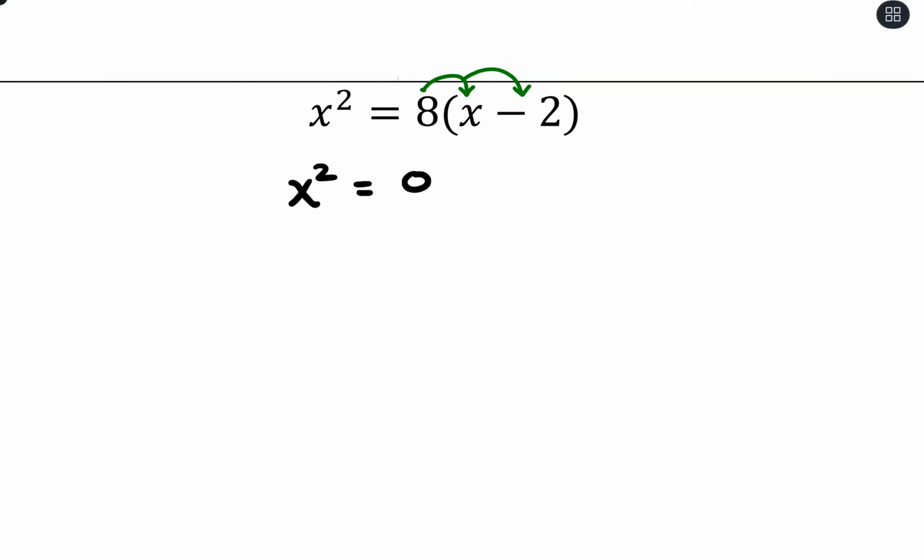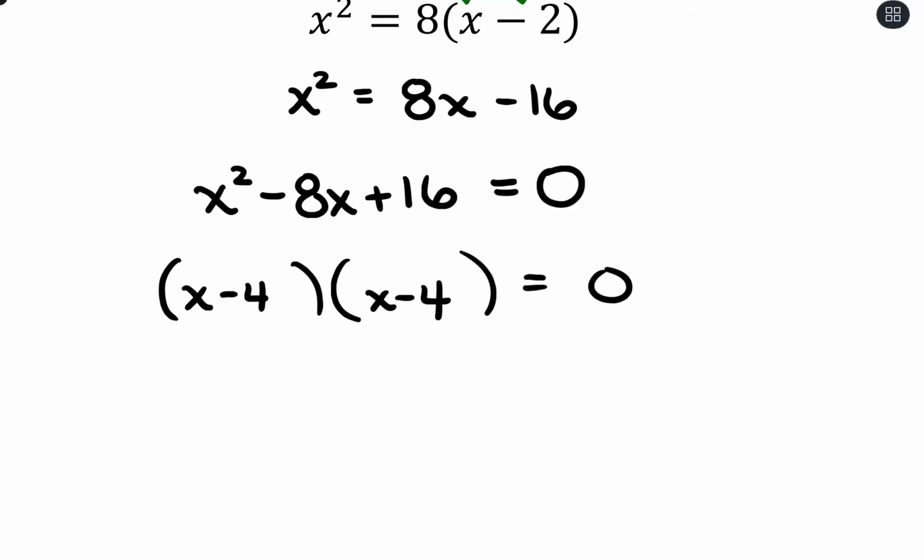And then I need 0 on one side of the equation, so I'm going to subtract 8x from both sides and add 16 to both sides. So that moves everything onto the left-hand side of the equation, and then I'll just have 0 left on the right-hand side. And from there, I'm going to try to factor. So multiplying to 16, adding up to negative 8, that will be x minus 4, x minus 4. And with this, we're going to end up with the same equation twice.